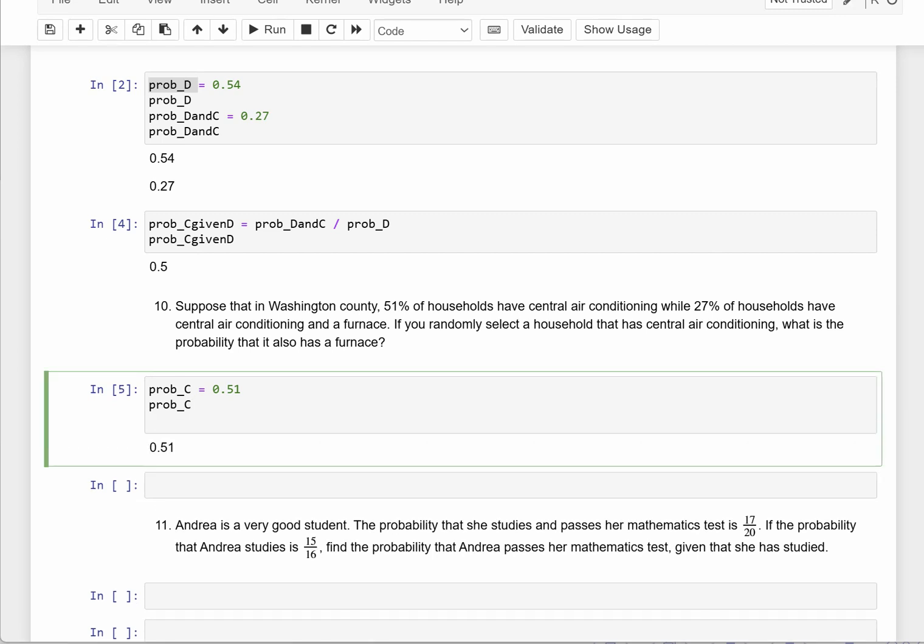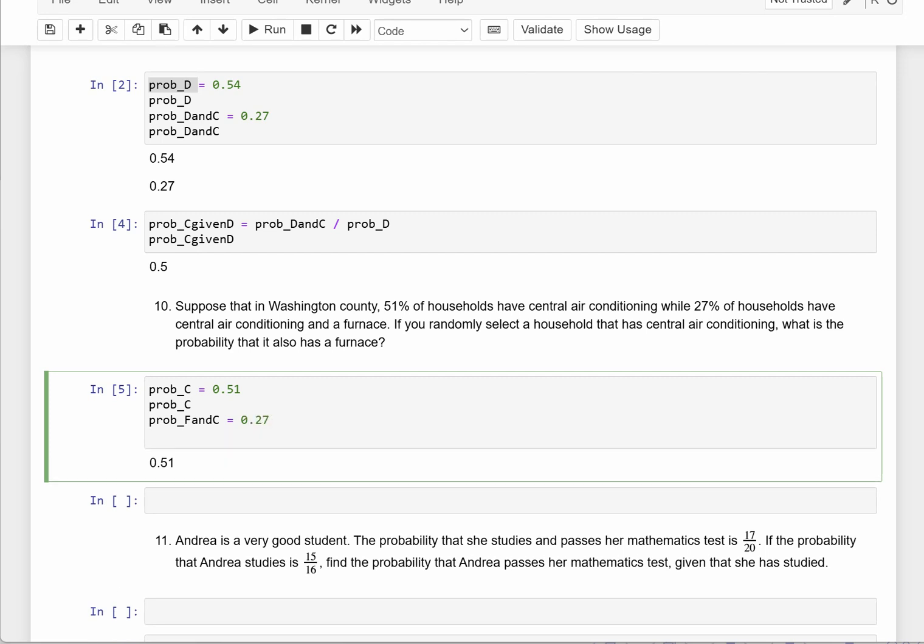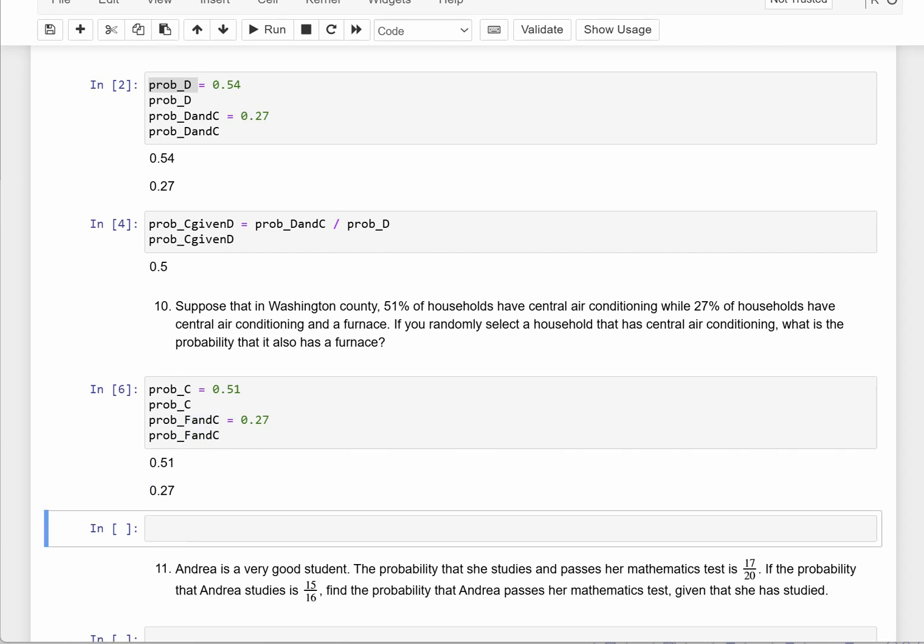And then I'm going to do prob F and C. And what's that equal to? That's equal to 27%, 0.27. And showing what that's equal to. All right, so we have these variables assigned.